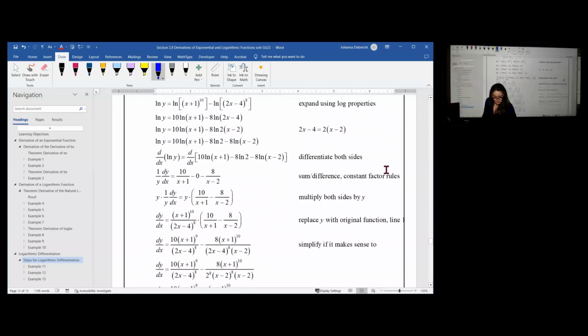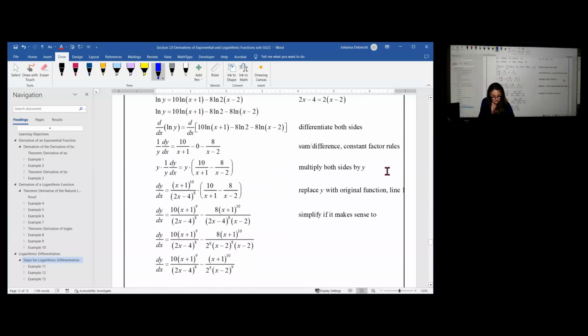When we take the derivative, we apply it to both sides of the equation, which is going to lead to 1 over y dy/dx on the left when we take the derivative of natural log of y. On the right, remember that the 10 at the front and -8 at the front of the natural logs are constants, which can be pulled to the front.